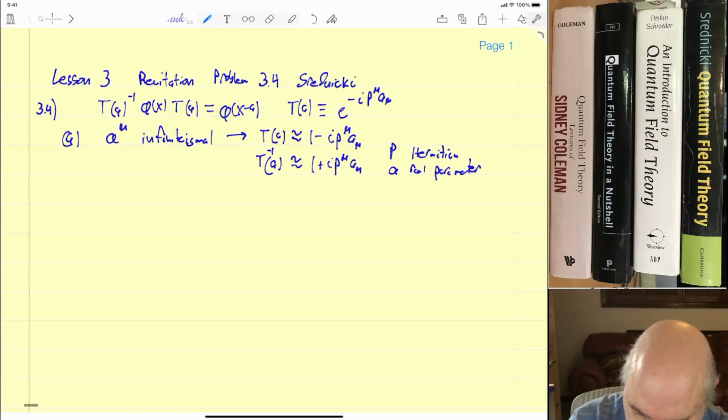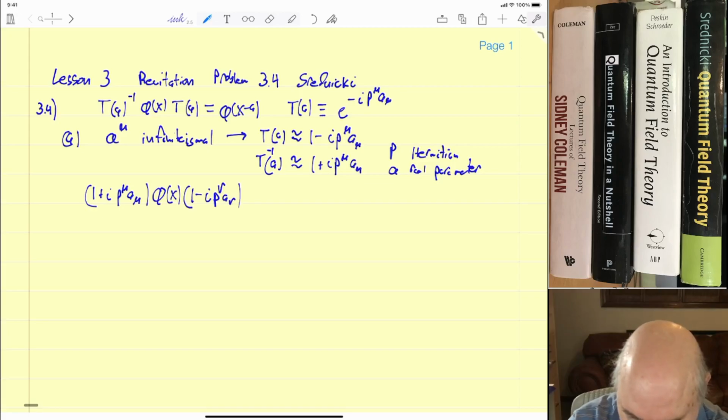So substituting this here, we would get 1 plus I P mu A mu phi of x 1 minus I. Now I'm being super careful here by using different indices in different terms because they might interact. It turns out they don't. And then we can expand this using the usual Taylor expansion.